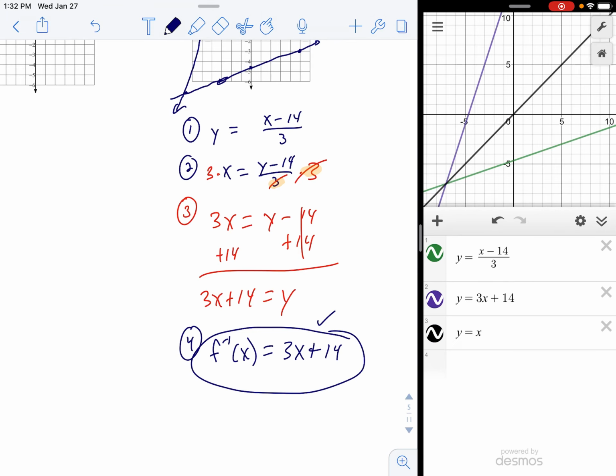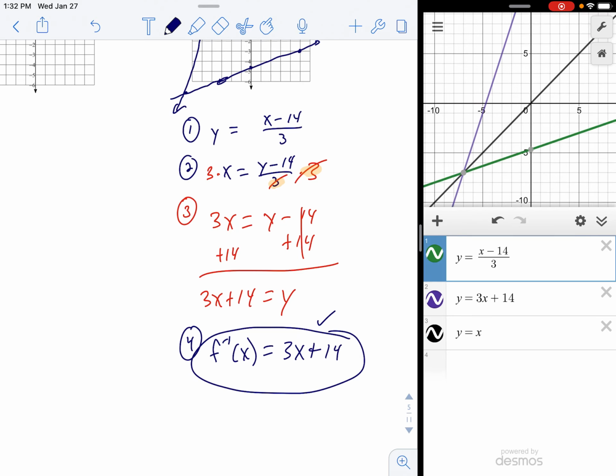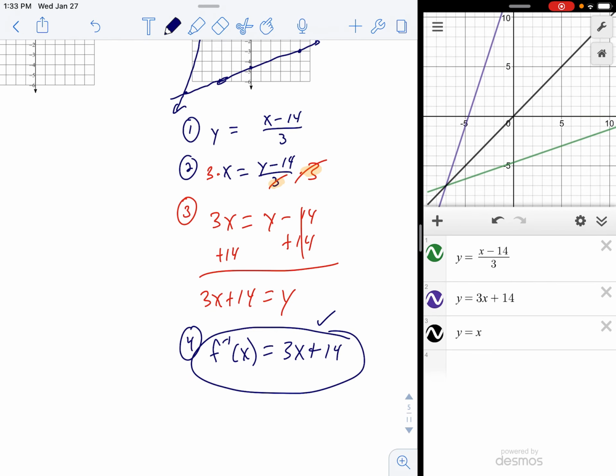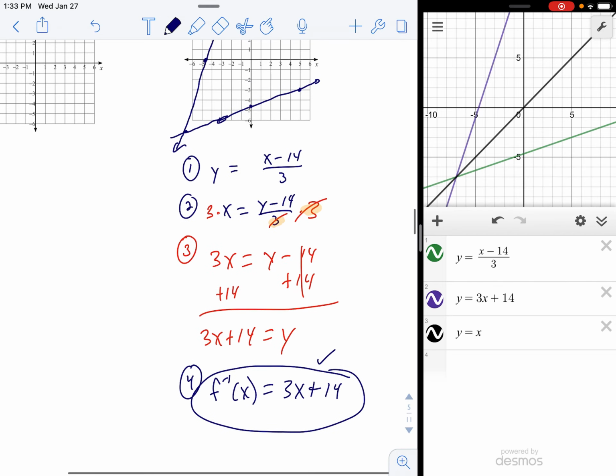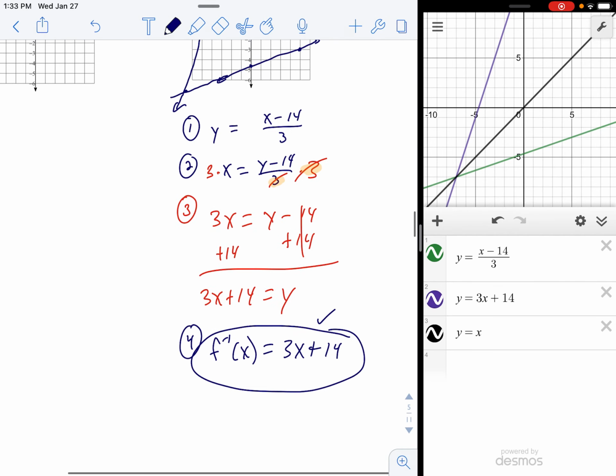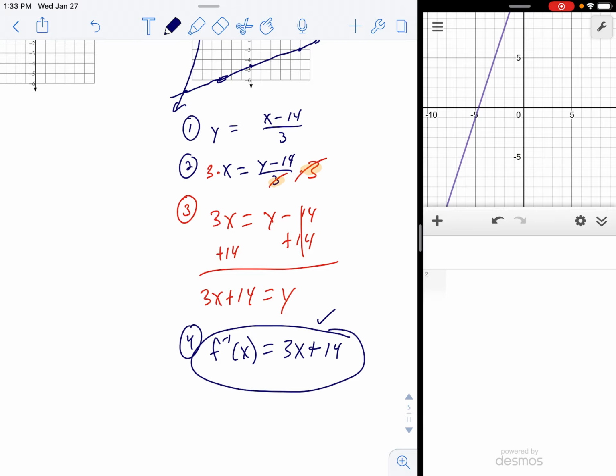That's the diagonal line through the origin at 45 degrees. If your two graphs are mirror images of each other, you did it correctly. So the purple graph and the green graph are reflections. If you think of the black line through the center as a mirror, the red and green are reflections of each other. That means you did it correctly. All right, we'll see that on another one as we go through here.